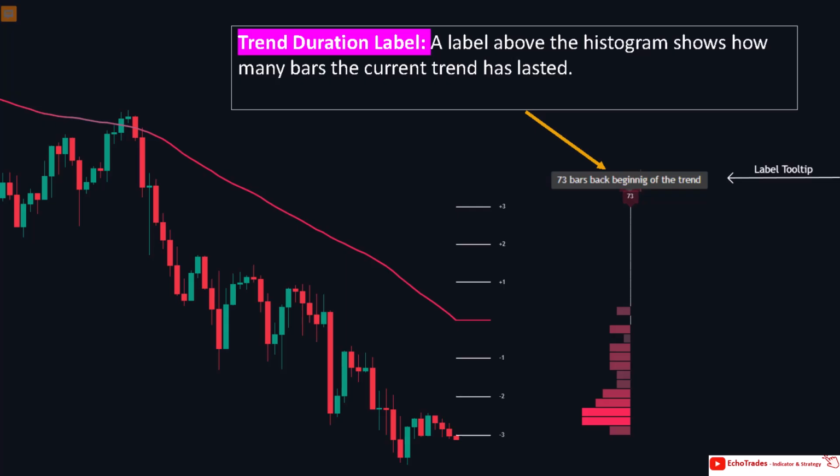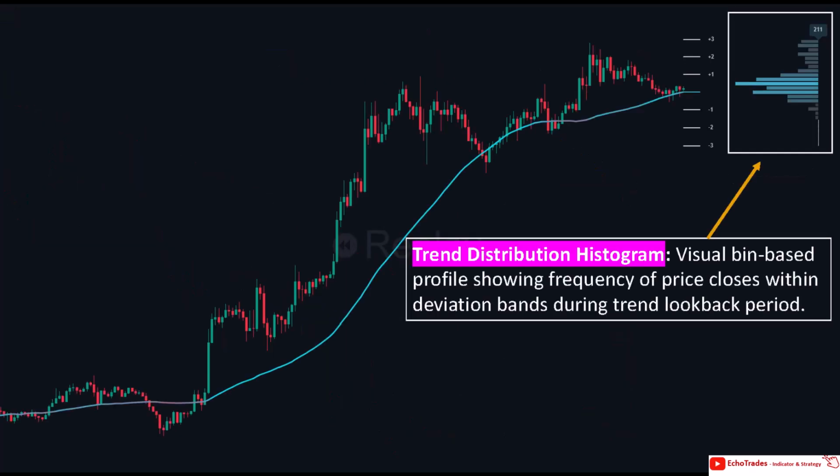Makes sense. Now, something that sounds a little more technical, the trend distribution histogram. Can you break down what that visual profile is actually showing us, simply put? Sure. Think of it like watching an athlete, how much time they spend in different speed zones on a track. This histogram is a visual breakdown.